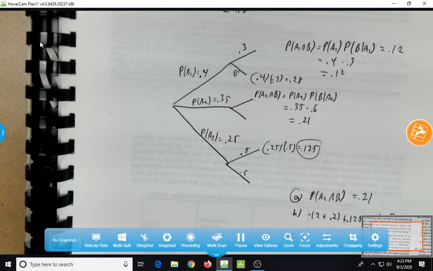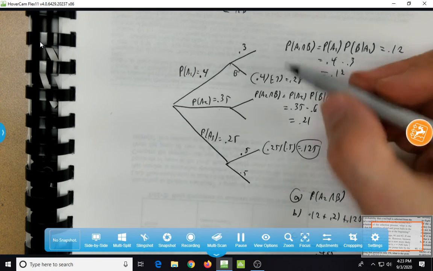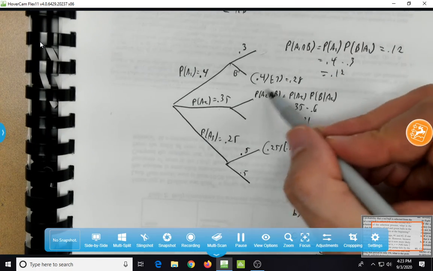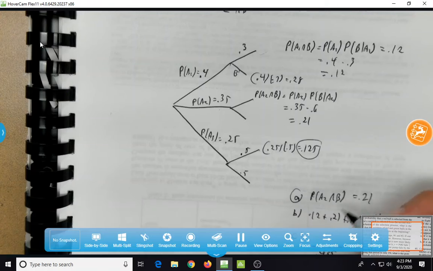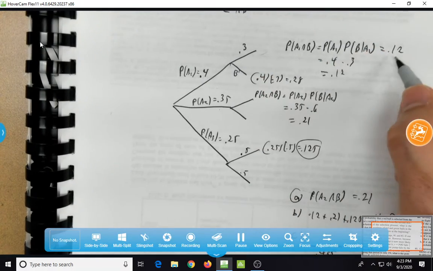And then finally for C, it's asking us if the next customer fills the tank, what's the probability that regular gas is being requested, and the other ones. So really we have to figure out the total probability. Again, we always look at the upper branches because those are the ones that give us all the B's. And then we need to figure out where we got on this branch.